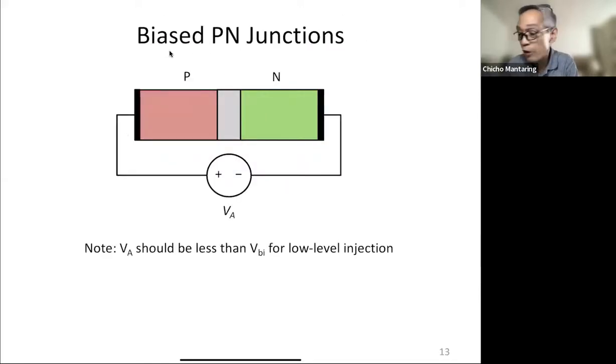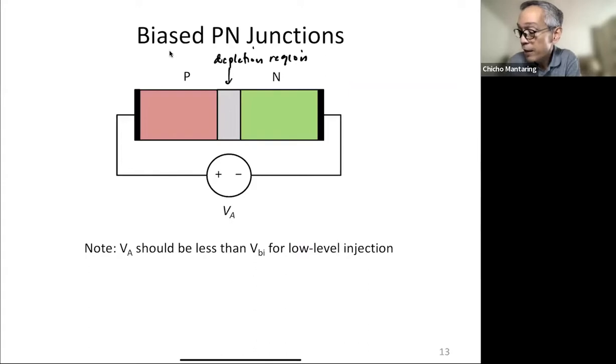Now this is no longer equilibrium because we are applying an external voltage. Let's apply an external voltage to our PN junction. Here I exaggerated the depletion region. Actually, this is usually a very, very narrow part within the junction.